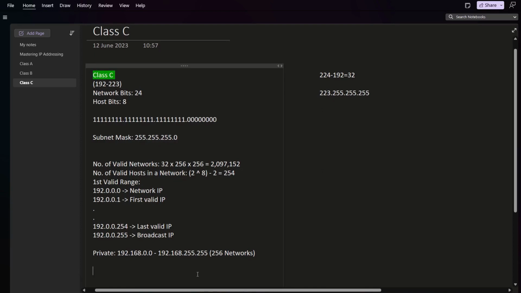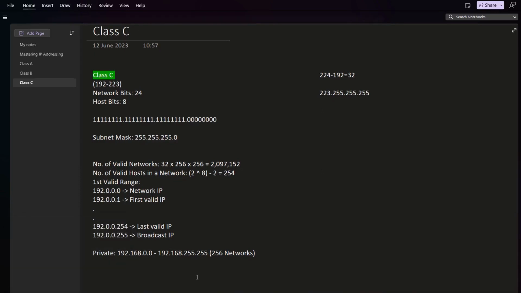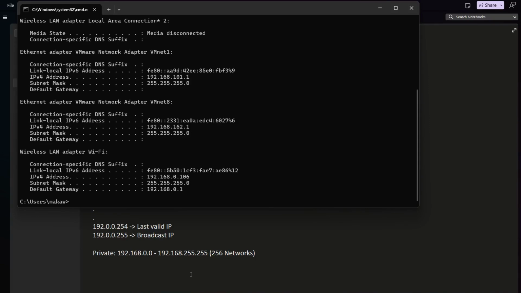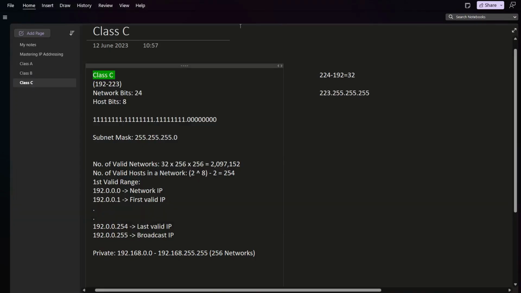Now, if you check the IP of your computer from the terminal or CMD of your laptop or PC, you will get an IP address in this range, that is 192.168.0.106, which is the IP address of my system assigned by my router. So this is the private address used in class C, and it is not routable.